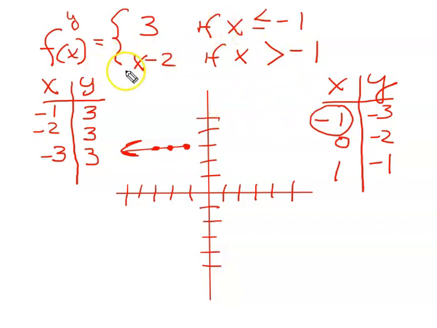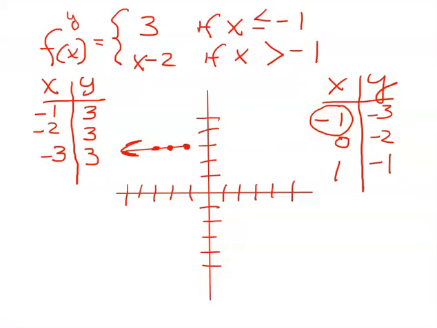Now, for this next function, and again, it's y is equal to x minus 2. But here we're saying that x is greater than -1. So what we do is at -1, we're going to put a hollow because -1 is not included in the system.